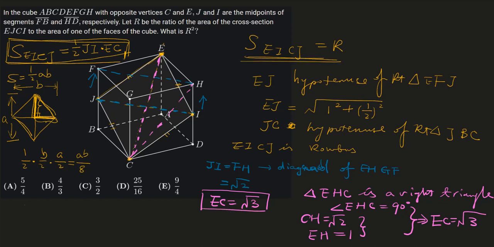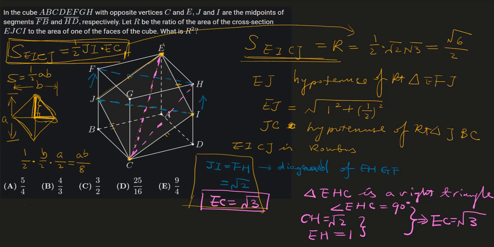Now we have the area of EICJ equals R, which also equals this, right? With this piece of information we just calculated, R would equal a half times square root of 2 times square root of 3, which equals a half of square root 6.